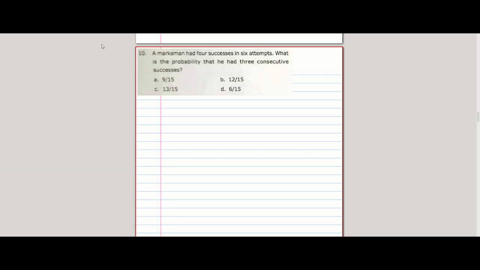X-Men had 4 successes in 6 attempts. What is the probability that he had 3 consecutive successes? So it's either success or failures, right? So 4 successes, and it has to be 2 failures. Now what is the probability that he had 3 consecutive successes?